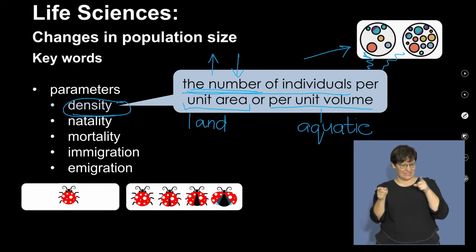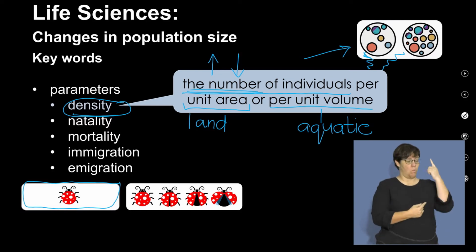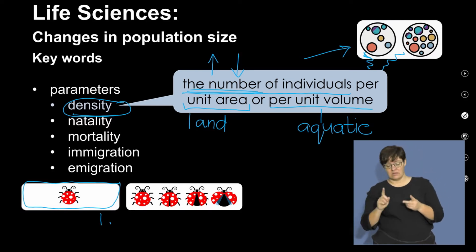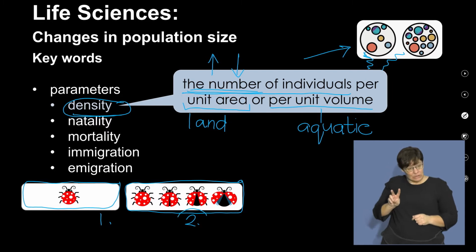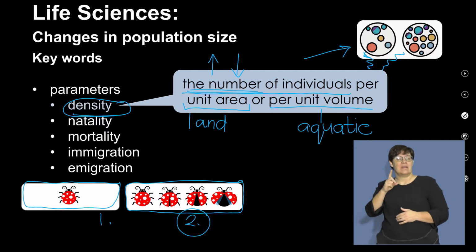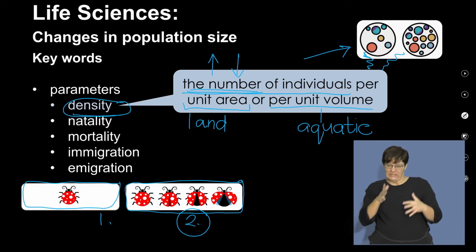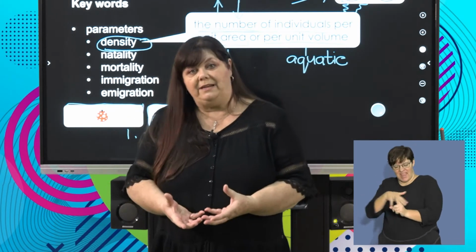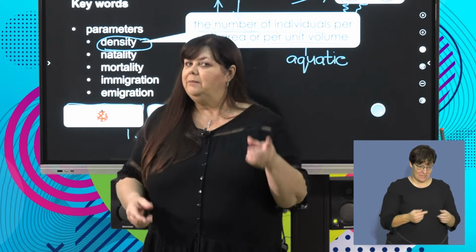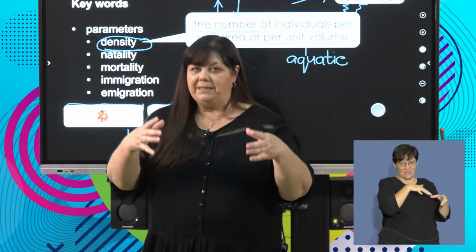If this, for example, was our population number 1, and this is our population number 2 in a different area, we would see that population 2 is definitely denser than population 1. So it all comes down to how many individuals we are fitting into that particular given space, because remember, populations are all about the individuals in a particular area.